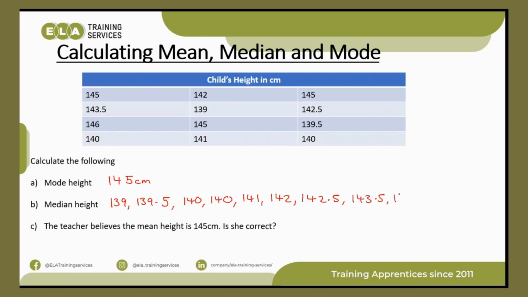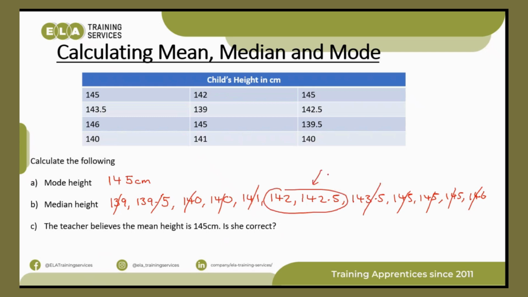We've got 3 lots of 145. And then we've got 146. So now we cross off in pairs. 139.5, 145, 140, 145, 140, 145, and we're left with these two in the centre.